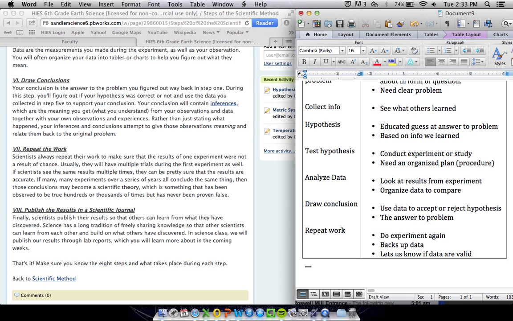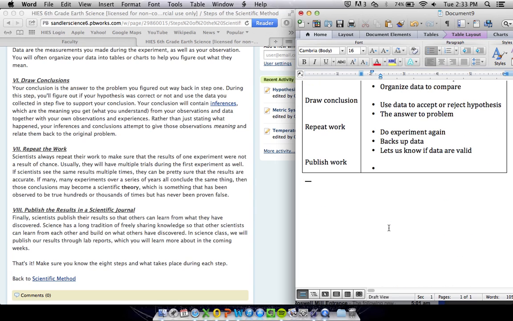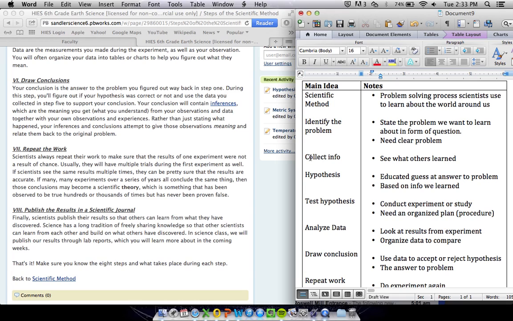And then our last step is to publish our work. Scientists always share their work with other scientists. That's a key part of science, is publicly sharing the information that you have learned about. This is going to be useful to other scientists when they are trying to collect info in step 2.